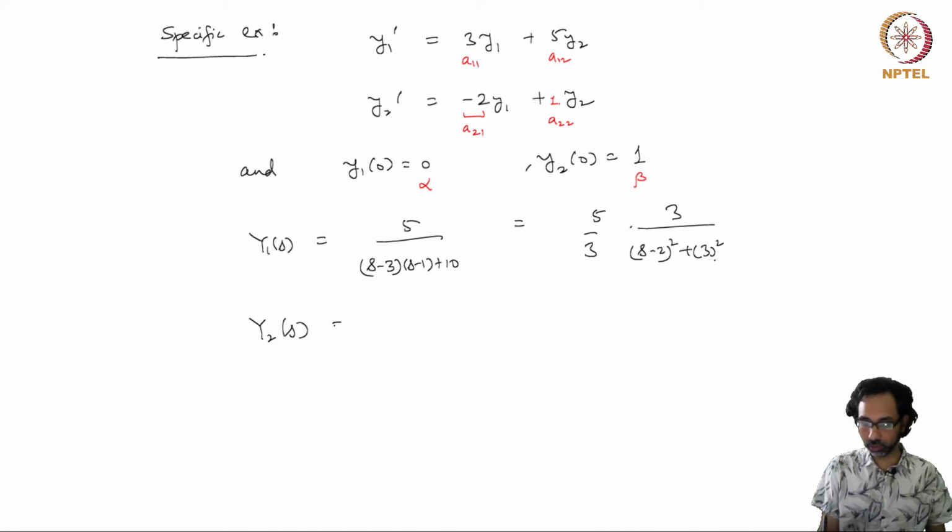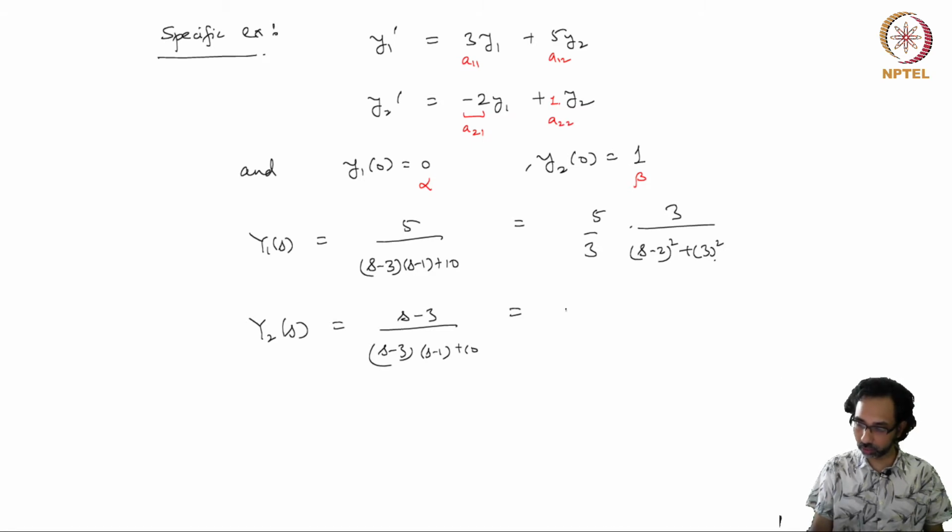Similarly Y2(s) can be written as (s minus 3) over (s minus 3) times (s minus 1) plus 10, same denominator, and so you get here two terms. One is (s minus 2) by (s minus 2) whole square plus 3 square, and then there is a minus 1 over 3 multiplied by 3 over (s minus 2) whole square plus 3 square.